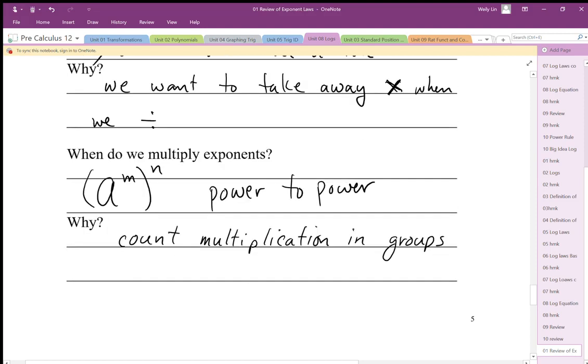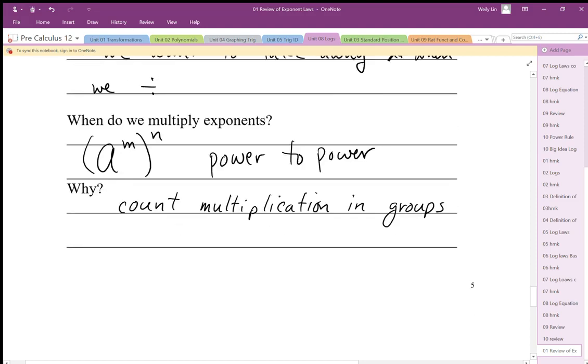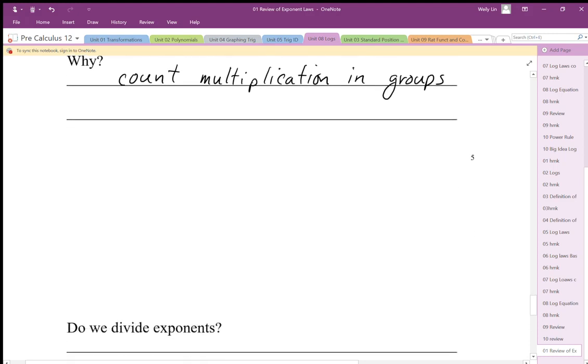So it's really important to have a clear idea of the exponent rules. We're not just randomly applying a bunch of rules. We understand exactly why these rules are being used, and essentially it's to do with counting.